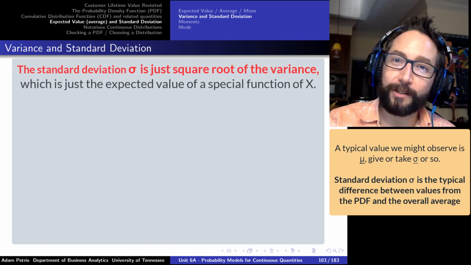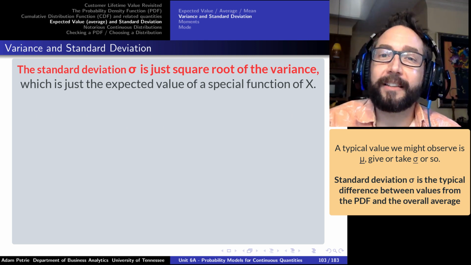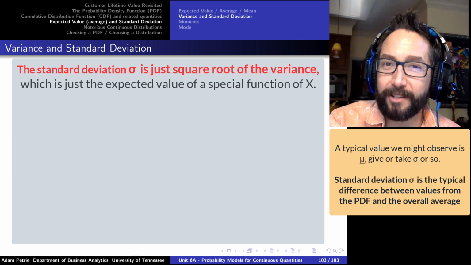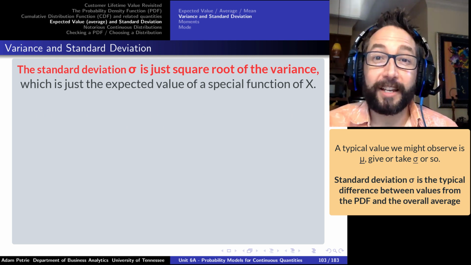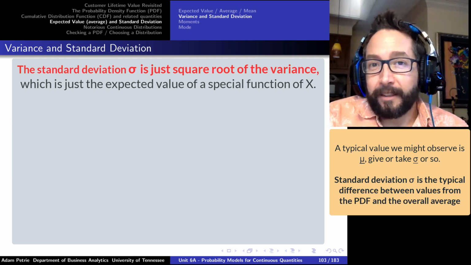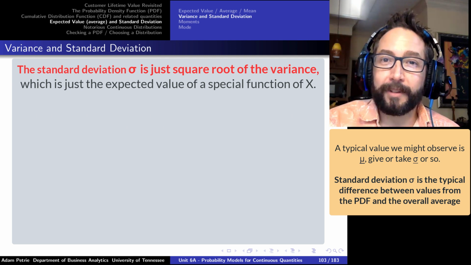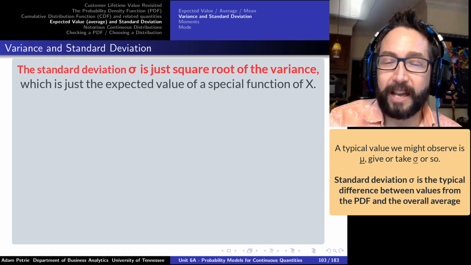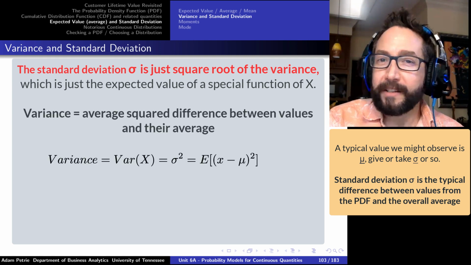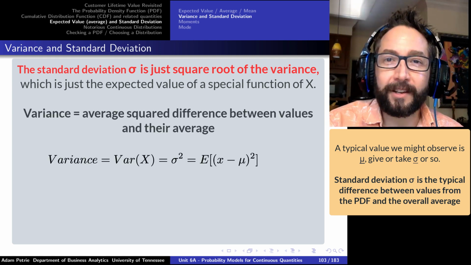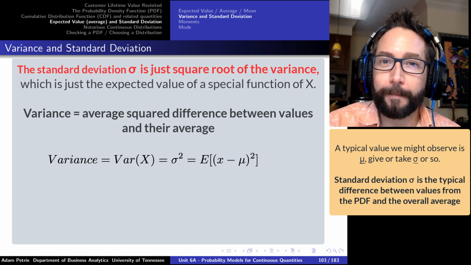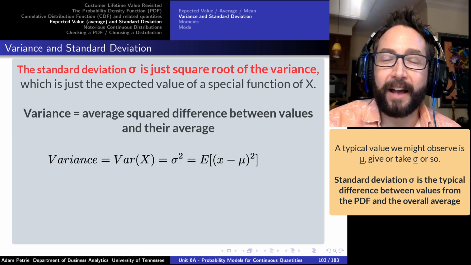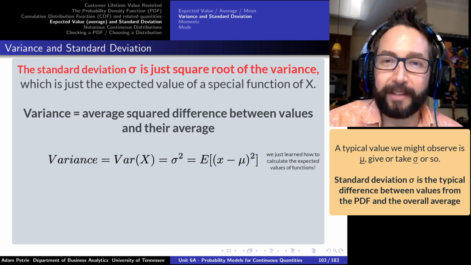So how do we do this? Well, we're actually going to start out by calculating the variance of the random variable, and we'll denote that by sigma squared because it's a bit easier to get to mathematically. And the variance of a random variable is just the expected value of a very particular function. What is that function? Well, it's the squared difference between the values of x and the average value of x, mu. So our equation for the variance is nothing more than the expected value of (x minus mu) squared, that function.